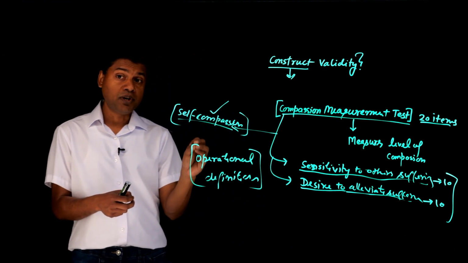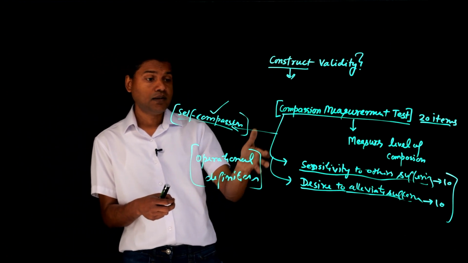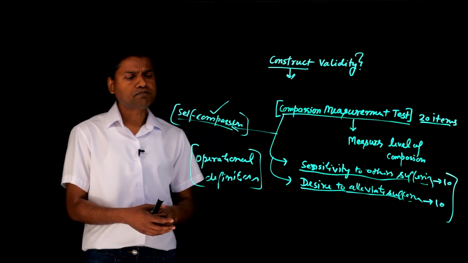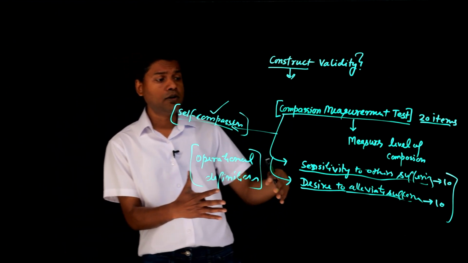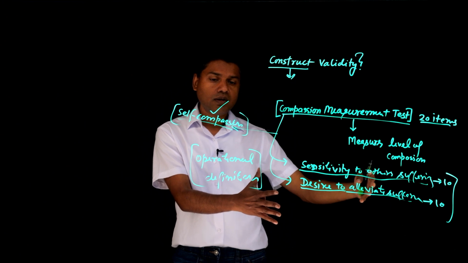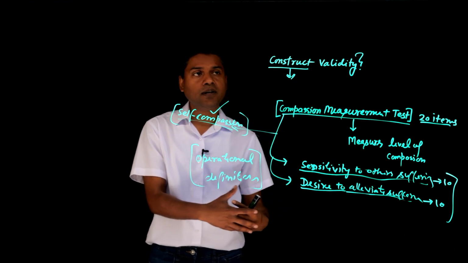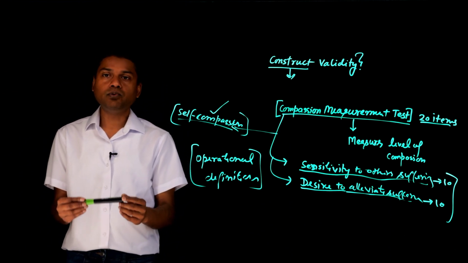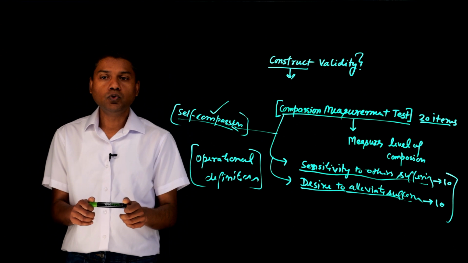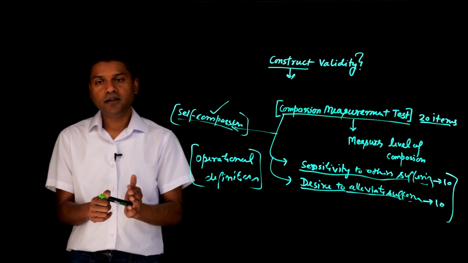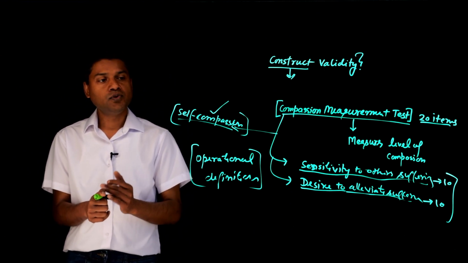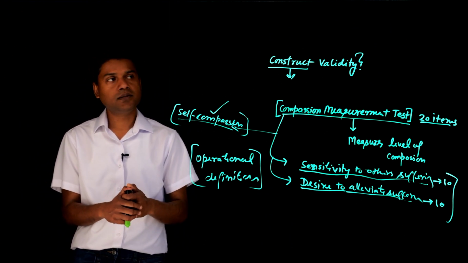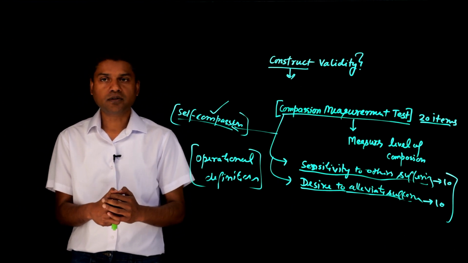Now, if the operational definition lacks comprehensiveness or it lacks overall representation of that construct, then in that case, it is going to result in a low level of construct validity. So for a researcher who is developing a tool to measure anything, a social construct, it is very important to make sure that your test has a high level of construct validity.